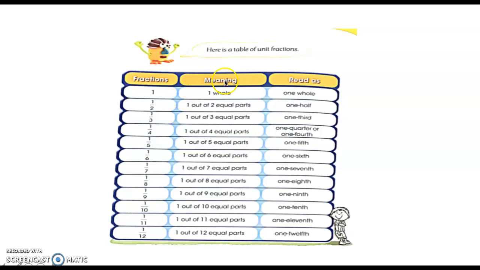Here is an example of how a unit fraction is read. So one whole, that's the whole thing, and then if I take 1 part out of 2, 1 out of 2, it can be read as half or 1 over 2.